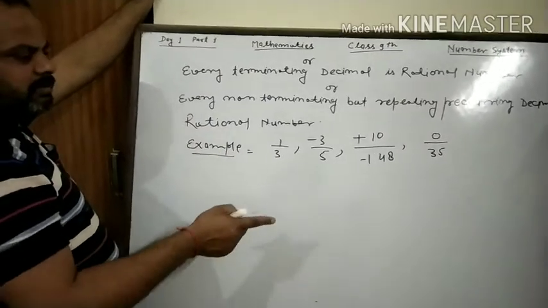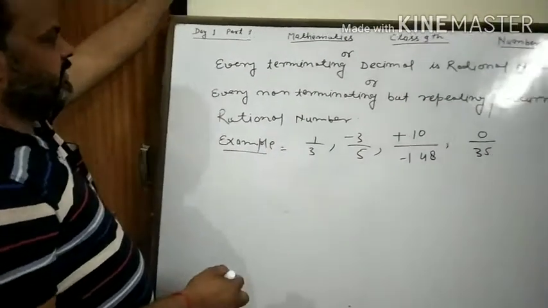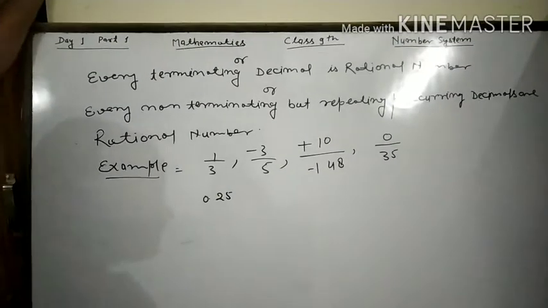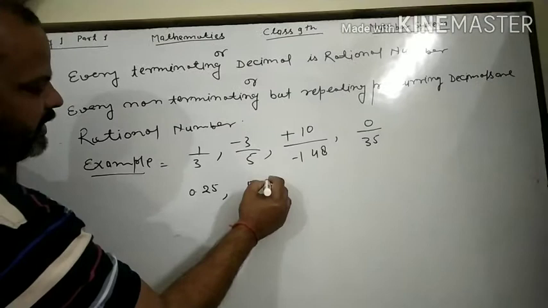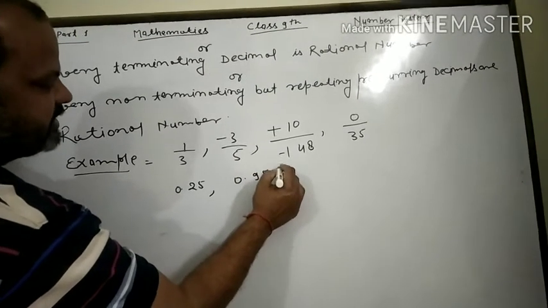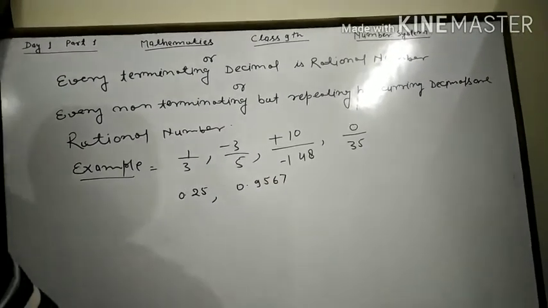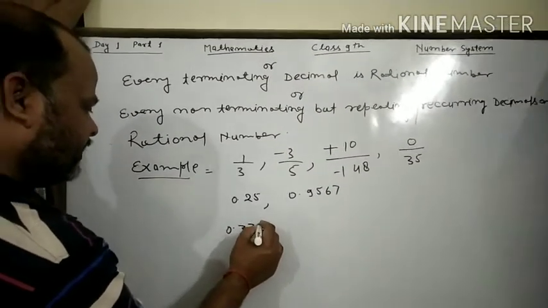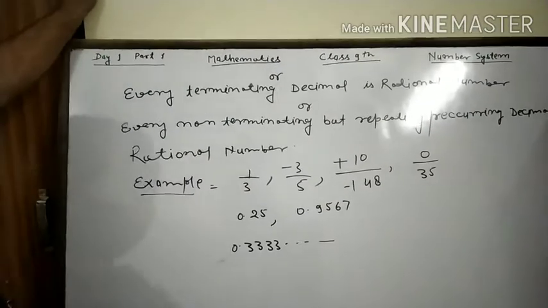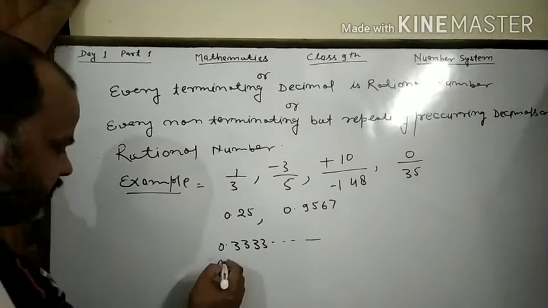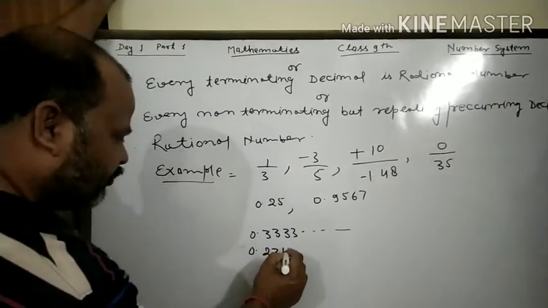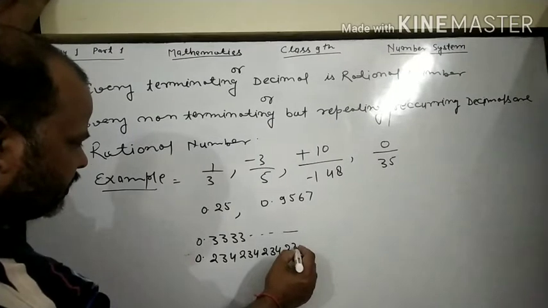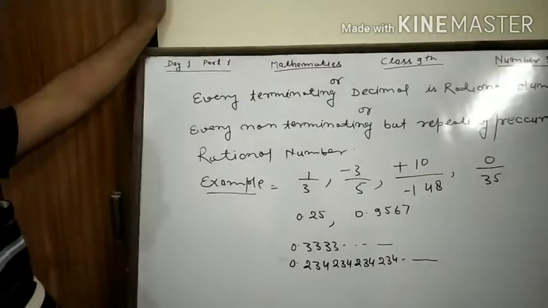Then after, according to our first definition, every terminating decimal, 0.25 is a rational number, 0.9567 is a rational number, and according to the third definition 0.33333 infinite times it is a rational number, 0.234234 up to infinite it is a rational number.